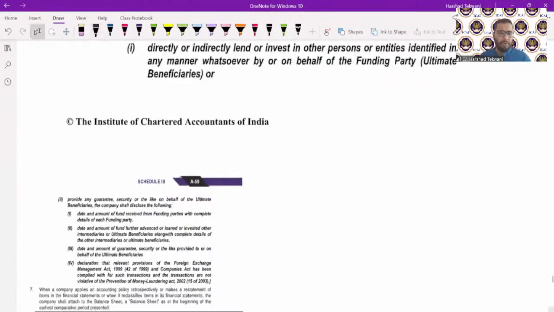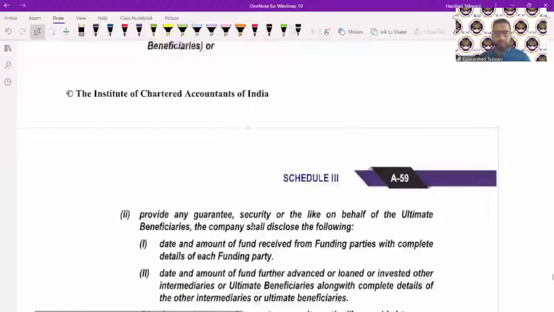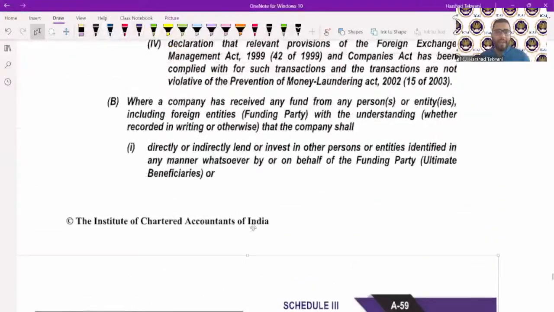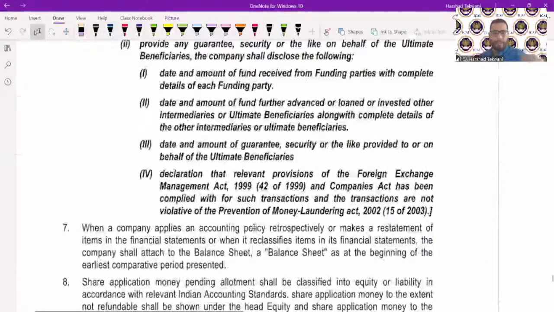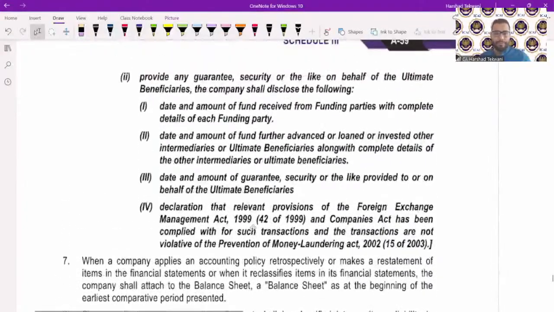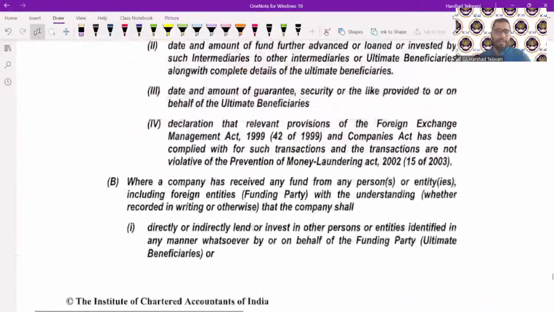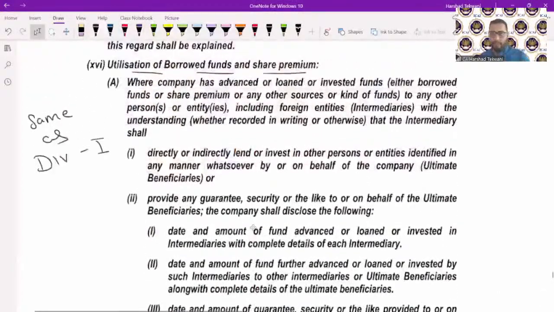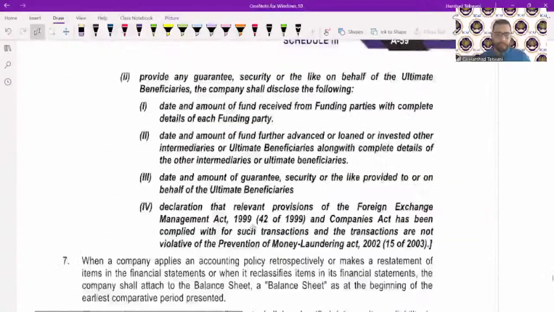Same line, no further change. This is clause B, where we were the intermediary. Funding was coming from someone else, we were passing on the funding. Same, and plus a declaration. Clear? So this is same as division 1. No change. Okay.